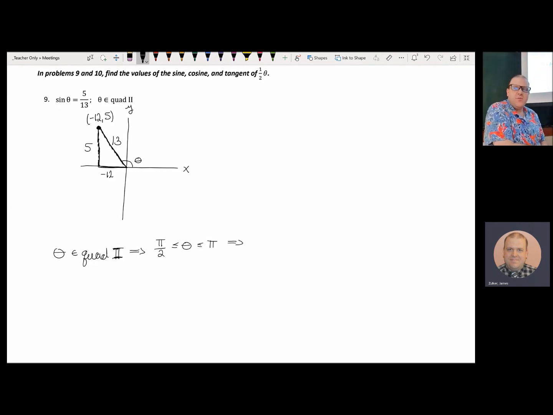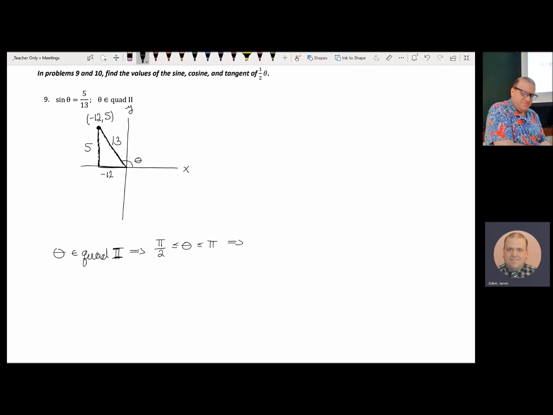Then what can we say about theta over 2? Well, I hope theta over 2 doesn't fall in the same range. Oh, I guess it's got to be. Wait a second.